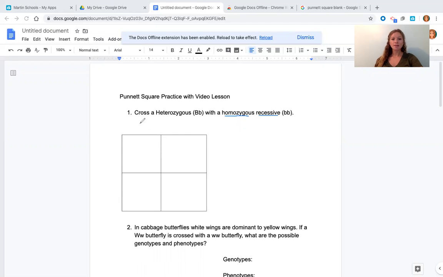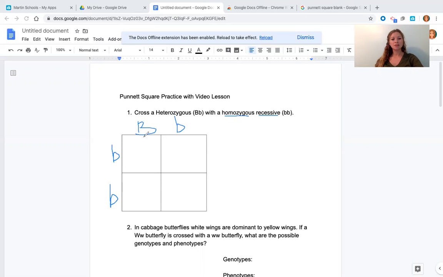So it doesn't matter where you put each one. I'll put my heterozygous, and my homozygous recessive on the side. All right, so I'm trying my best at handwriting here.